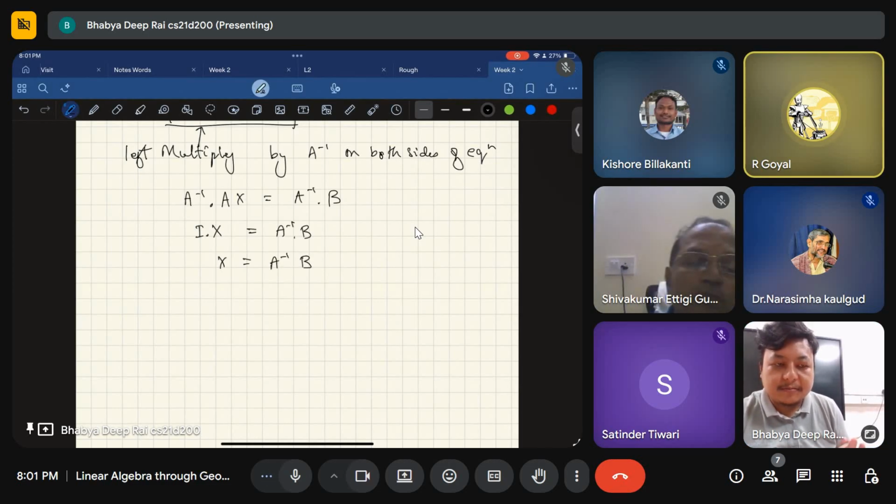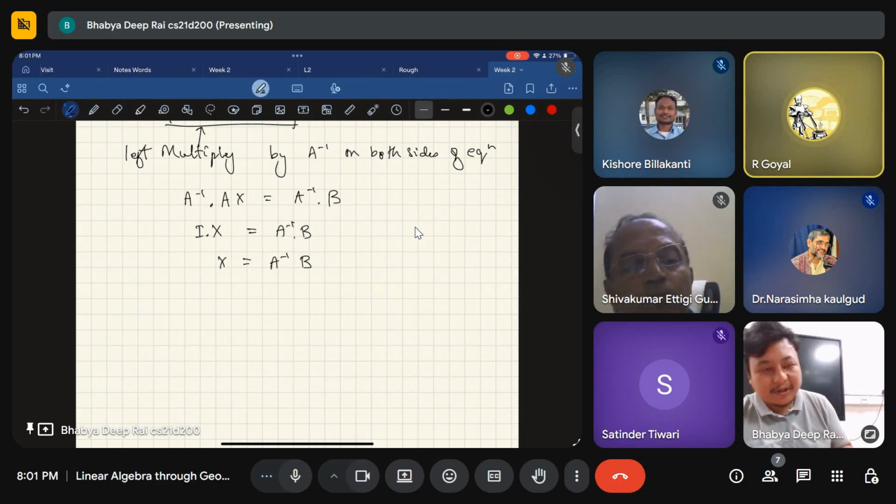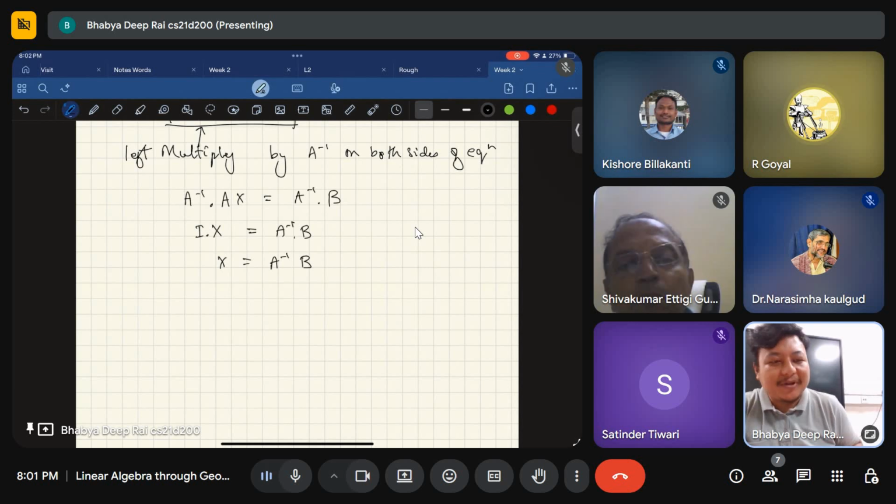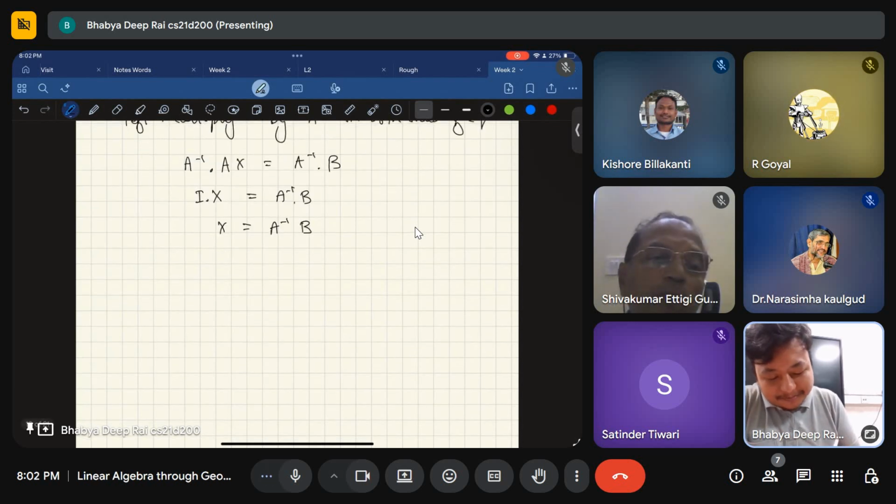But then inverse can be computed only if the matrix is a square matrix. Yeah, exactly, I'm going to come to that. Now you have X equals A inverse B. Now, where was I? Oh yeah, okay. So X equals A inverse B. Now, what is X?